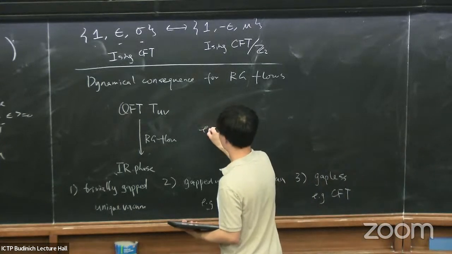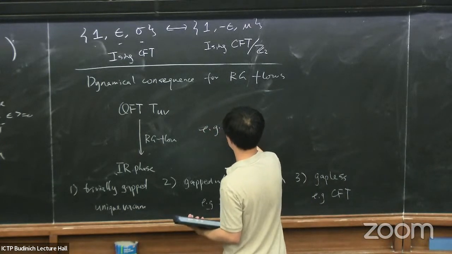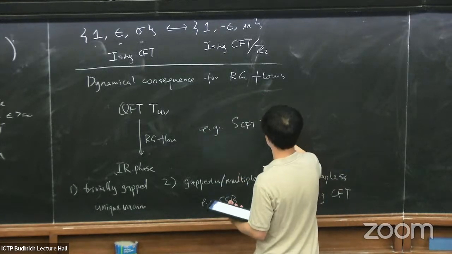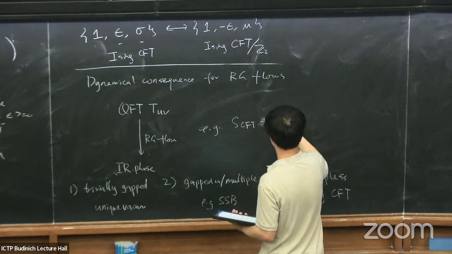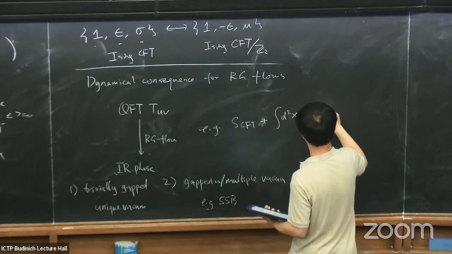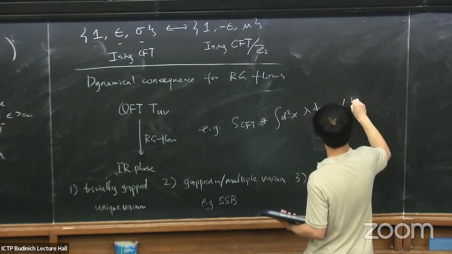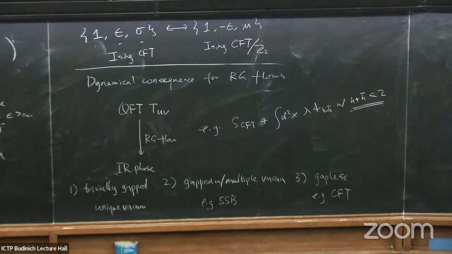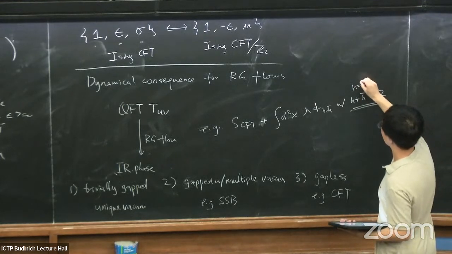And for example, consider an RG flow triggered by a CFT in two dimensions, perturbed by a relevant operator. Okay. That's the meaning of being relevant, okay. And also scalar, so that we preserve the Lorentz symmetry.